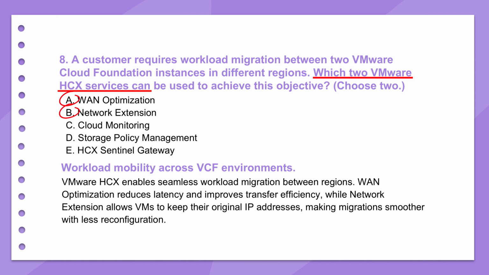What about network extension? Network extension is arguably even more crucial for seamlessness. It allows you to effectively stretch your network segments between the two VCF sites. This means your virtual machines can keep their existing IP addresses and network configurations even after they've been migrated to the new VCF instance. Wow, okay, so the applications don't even realize they've moved to a different network in a different place. Exactly.